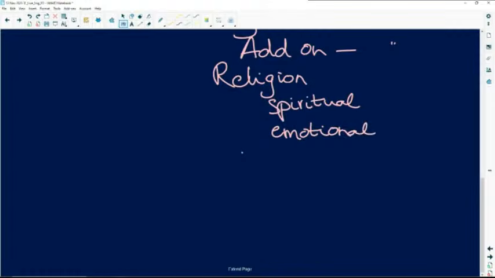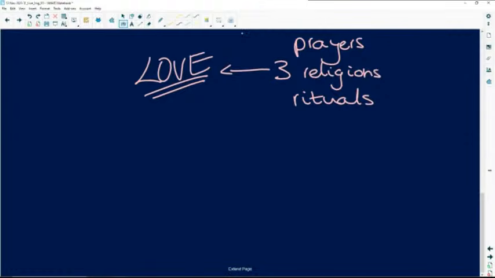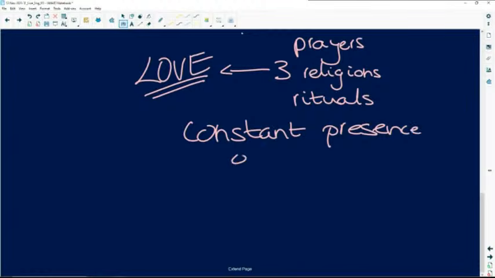Remember, there's a whole chapter devoted to the prayers, and we have the whole thing about the 3 different religions that he subscribes to, because he believes that all 3 religions are dealing with love, and this is very important to him, and he has the rituals of the various religions. And so I would say, yes, that the religion is really, really important to him because he has a sense of the constant presence of God. And that is so important to his survival.